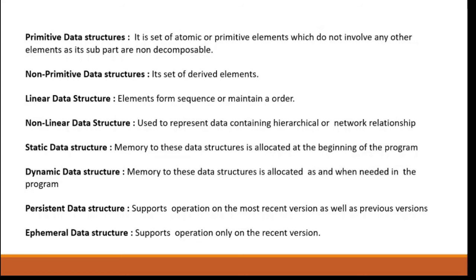Non-linear data structure. Data structures are used to represent the data containing hierarchical or network relationship between elements. Every data element may have more than one predecessor as well as successor. In this type of data structure, the elements do not form a sequence.